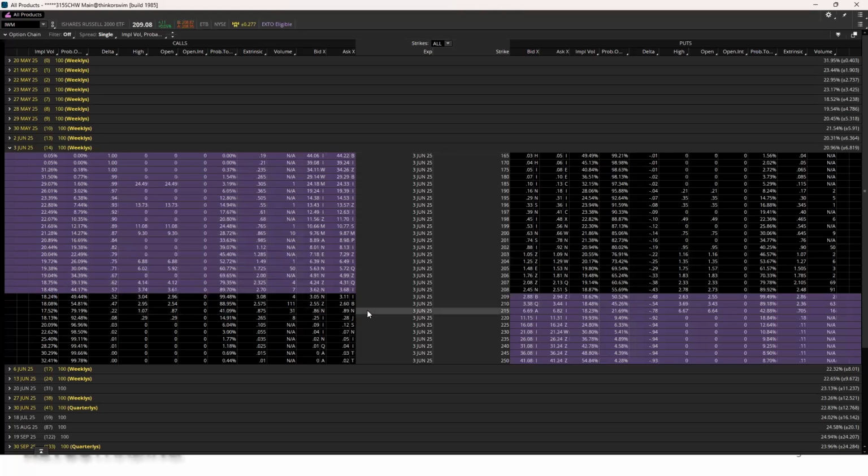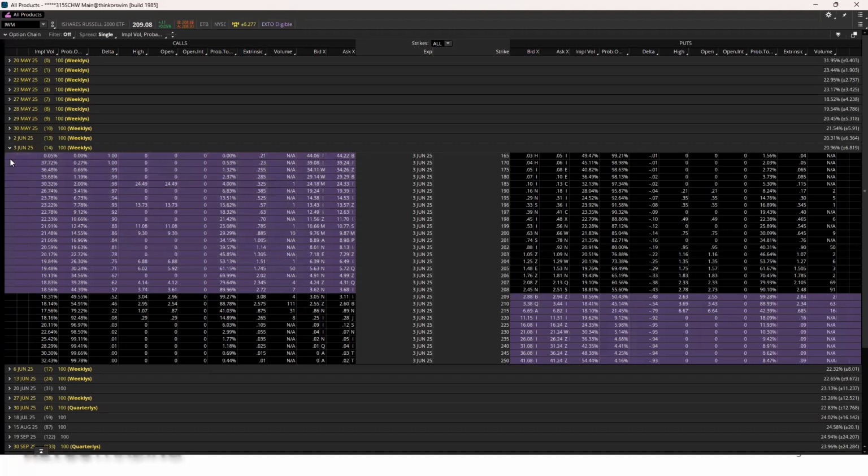If a 20 delta strike is below a resistance level, I would pass on the trade. You want that 20 delta to be at or above that key resistance level, which it was at the time.